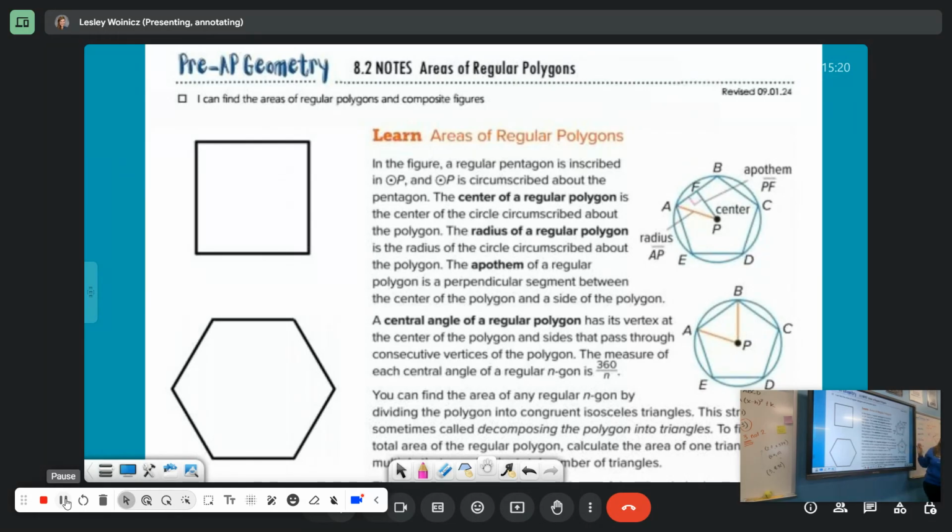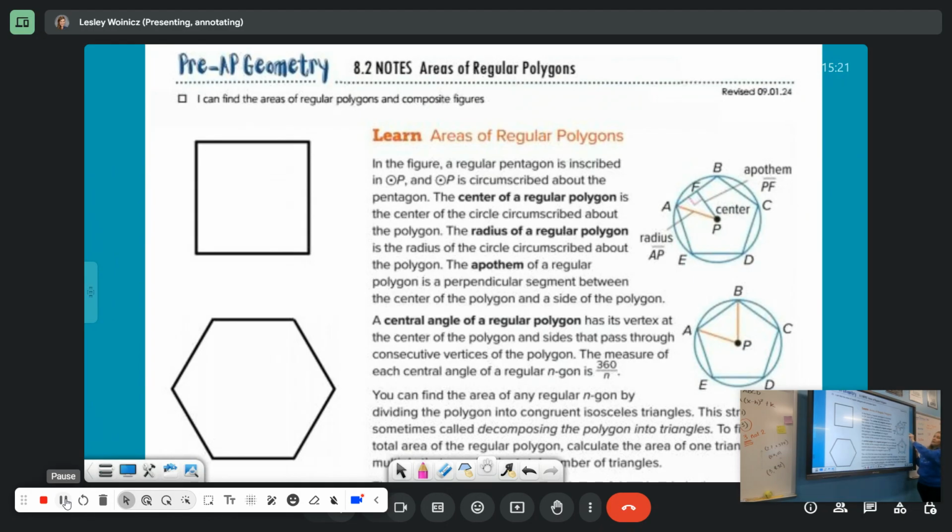Okay? So when you can picture this on a circle, it kind of makes sense that the segment that connects the center of the polygon to the vertex, which would also be on the circle, is called the radius. Everybody see that? Okay.